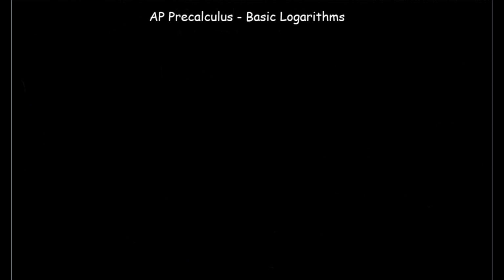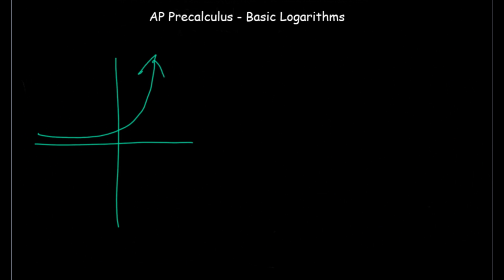So let's say on this side, we have our exponential graph. Exponentials start very slow and work very high to the top, right? This is our exponential graph. And let's say that on the other side, we have our logarithmic graph.